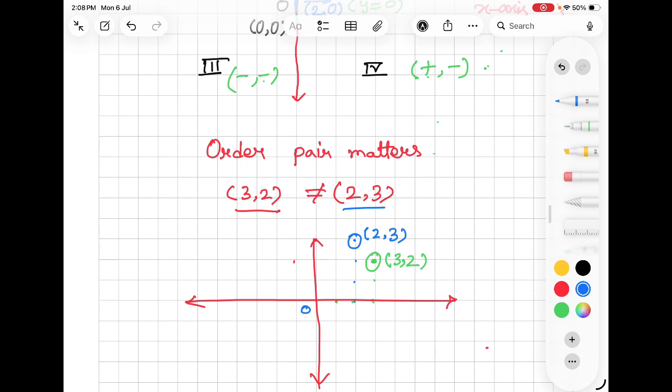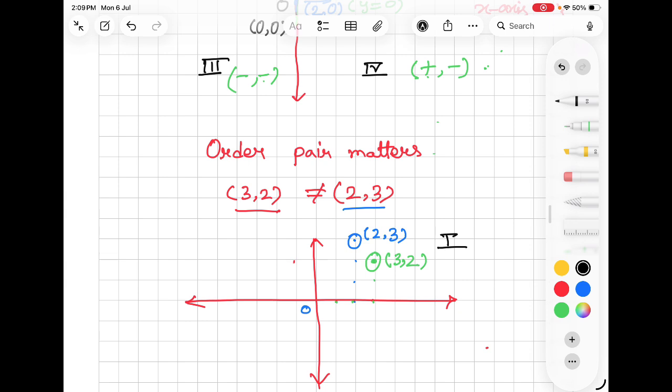Now look, these two points are different. They are lying in the first quadrant, but they are in different positions. They are not equal. That's why (3, 2) is not equal to (2, 3).